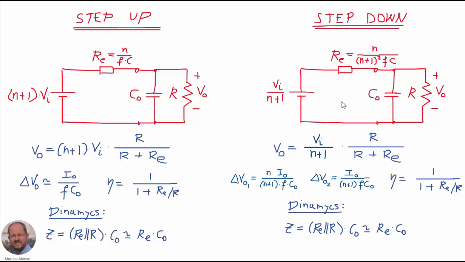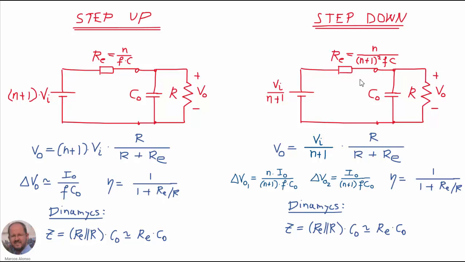And here is the same circuit when the converter is operating in step down mode. So we can see how the output resistance of the equivalent circuit is also in the ratio of n plus 1 squared, where n plus 1 is the ratio of the input voltage and the output voltage.